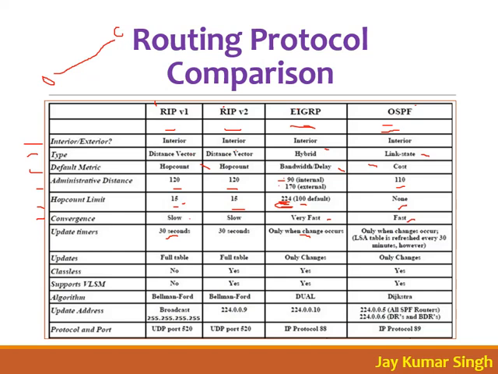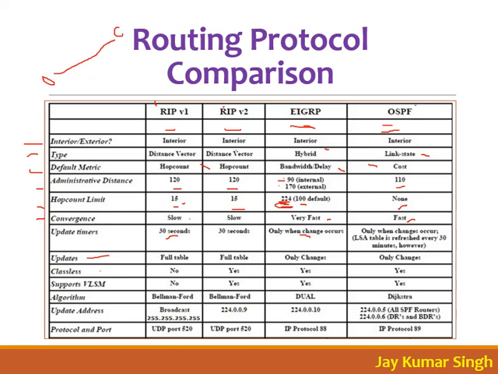Now, update means if there are any changes in the network. I have already shared my routing table with you earlier, and you are my neighbor. So when there is a change in the network, do I give you a full update or only the changes?